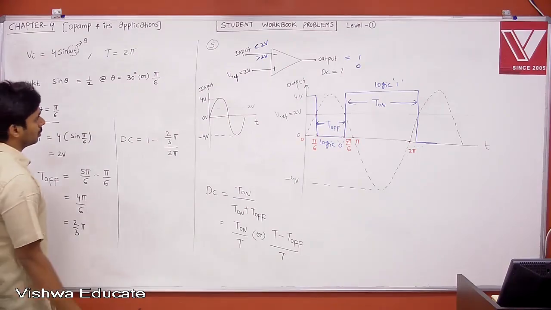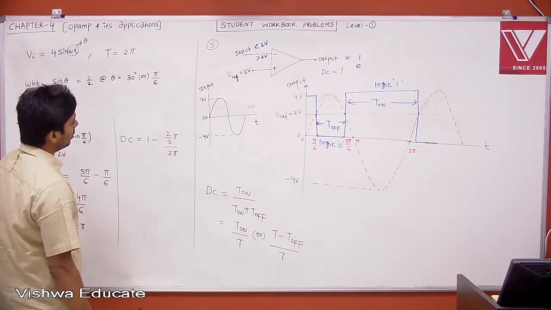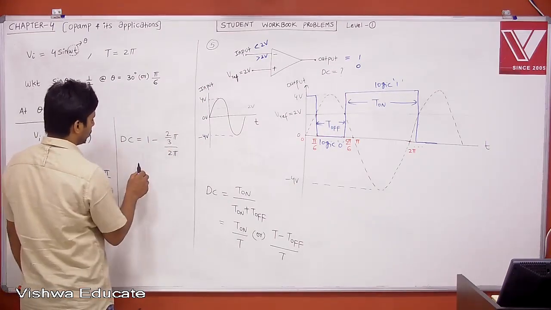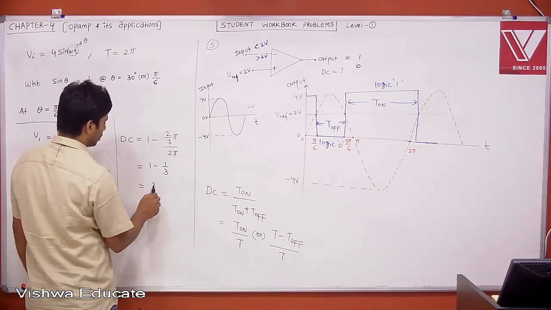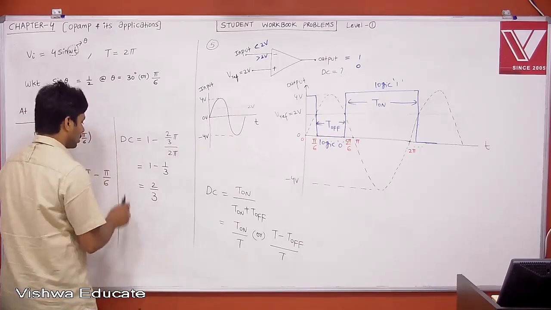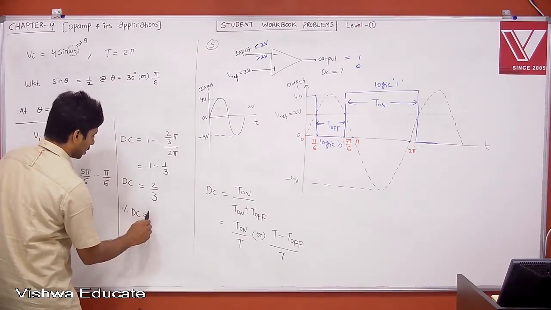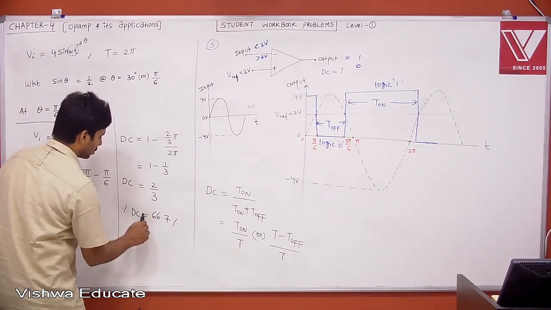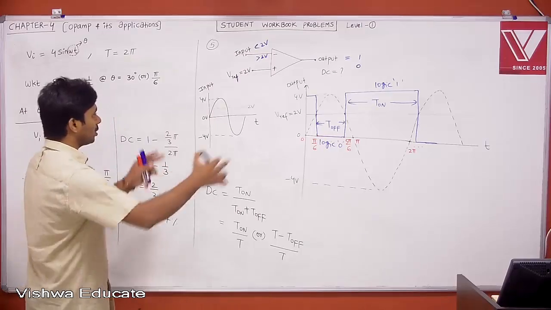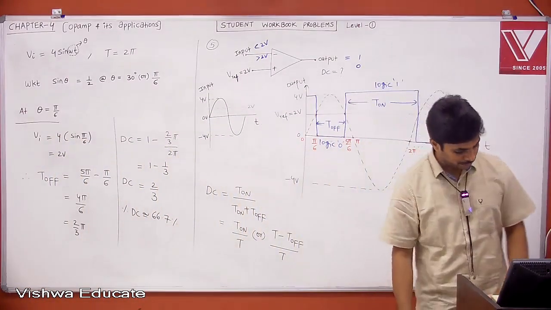Pi will be cancelled, 2 will be cancelled, and you will get 1 by 3. 1 minus 1 by 3, you will get 2 by 3. This is our duty cycle. If you ask me the percentage duty cycle, 2 by 3 is around 66.7%. Out of the total period, 66.7% is nothing but your on period. Okay, take it.